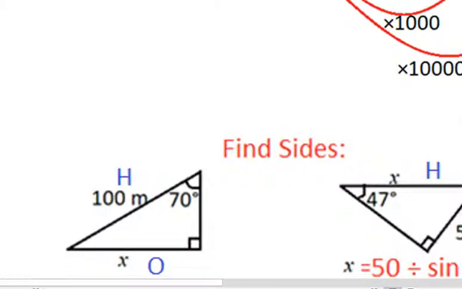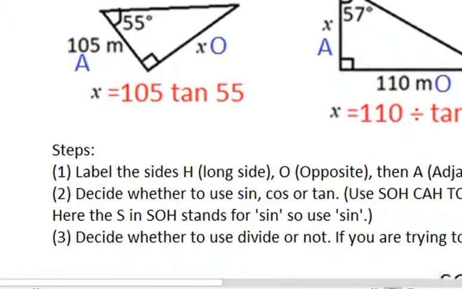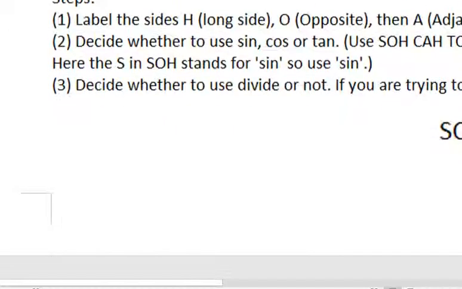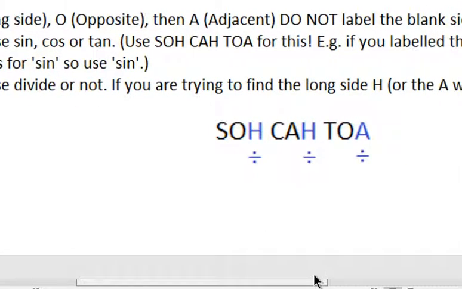Alright, next step is to go down here and have a look at our SOHCAHTOA formula. We've got S, which stands for sine, when we have O and H. Then C stands for cos on your calculator.